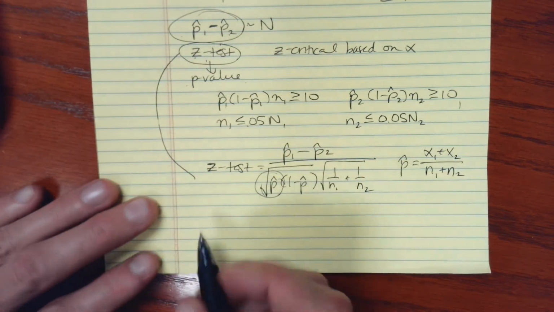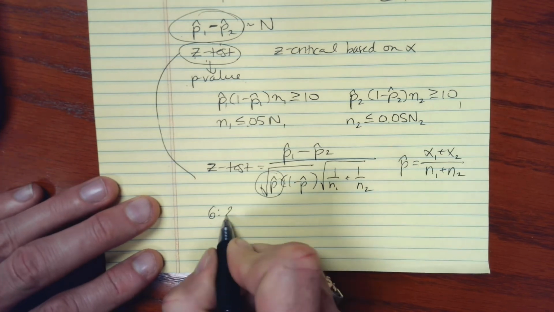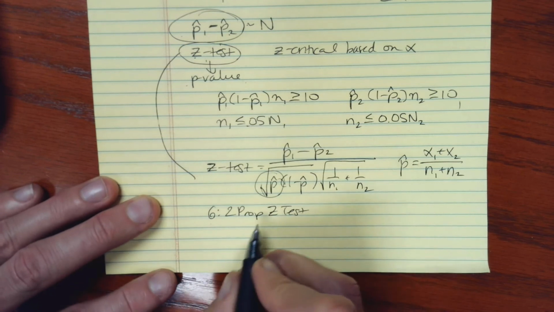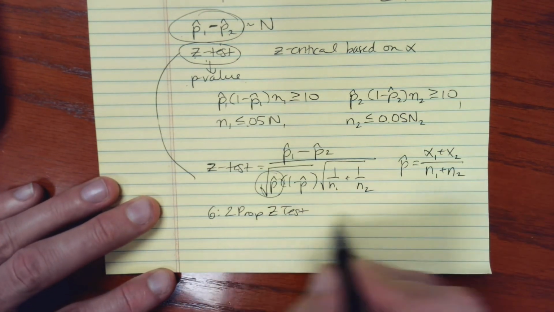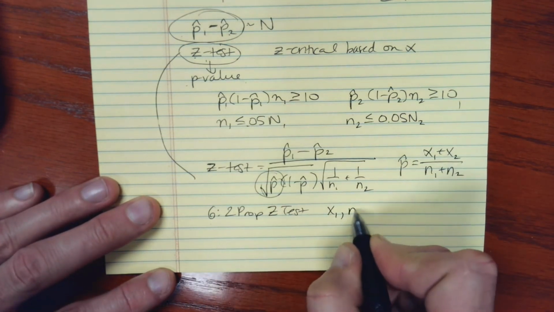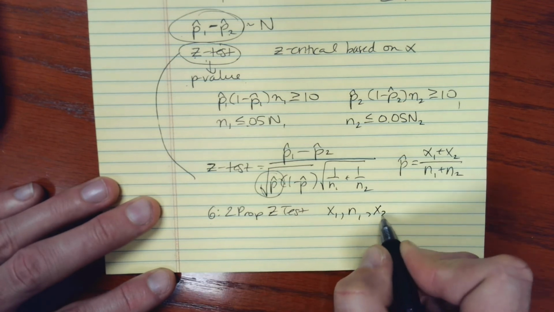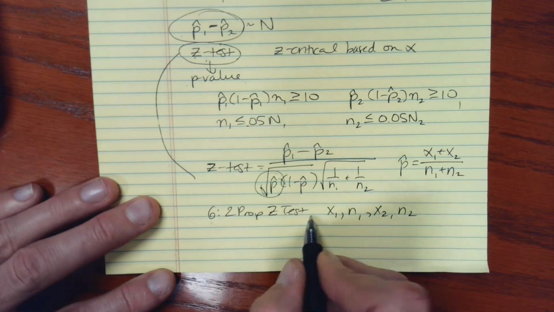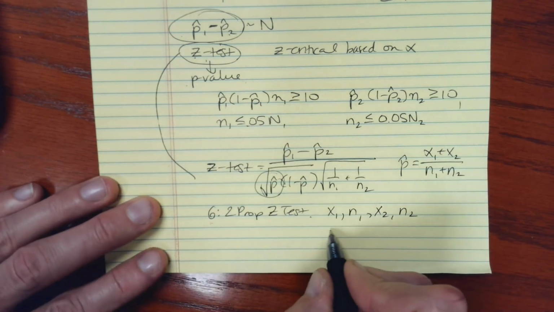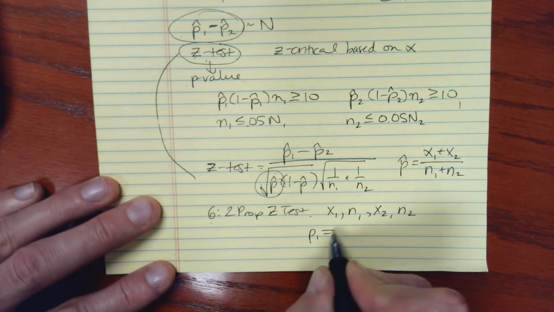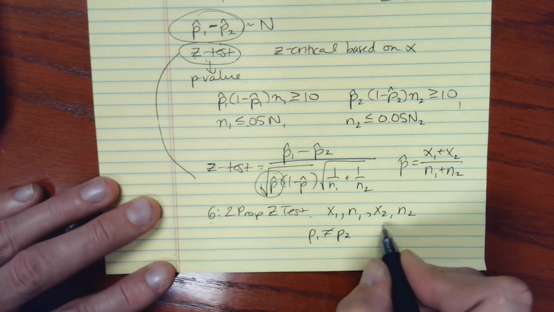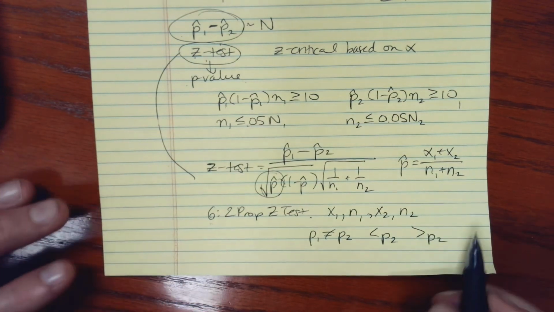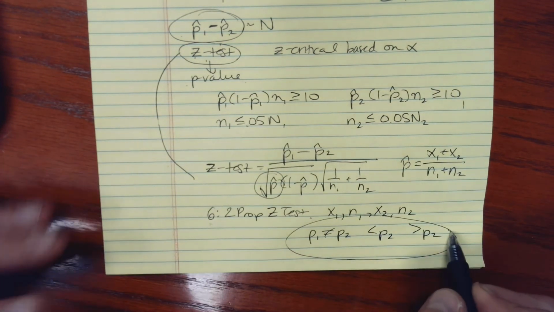So when you use this option number 6, the 2 proportion z-test, your calculator is simply going to need to know values for x1 and n1, and x2 and n2, and then you would have to let the calculator know the direction of the test. So whether you're trying to show that p1 does not equal p2, is less than p2, or is greater than p2. And so, of course, for that you would look in your alternative hypothesis.